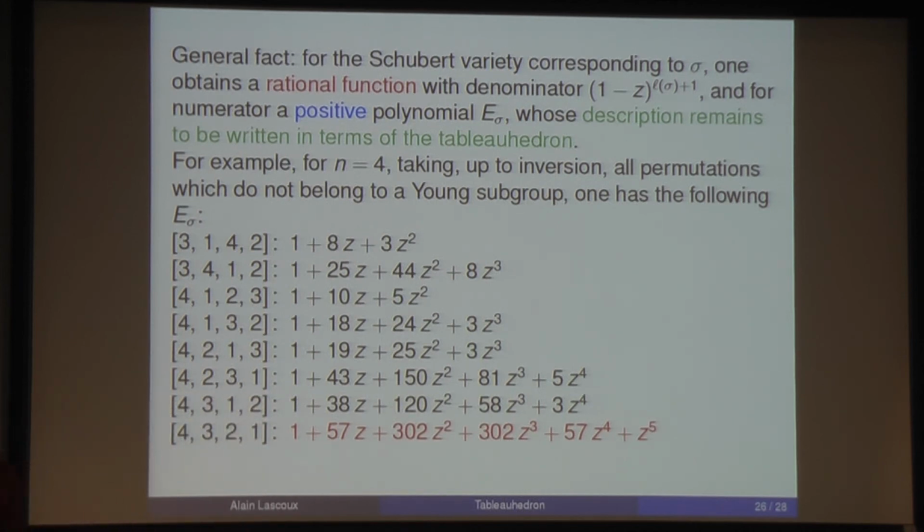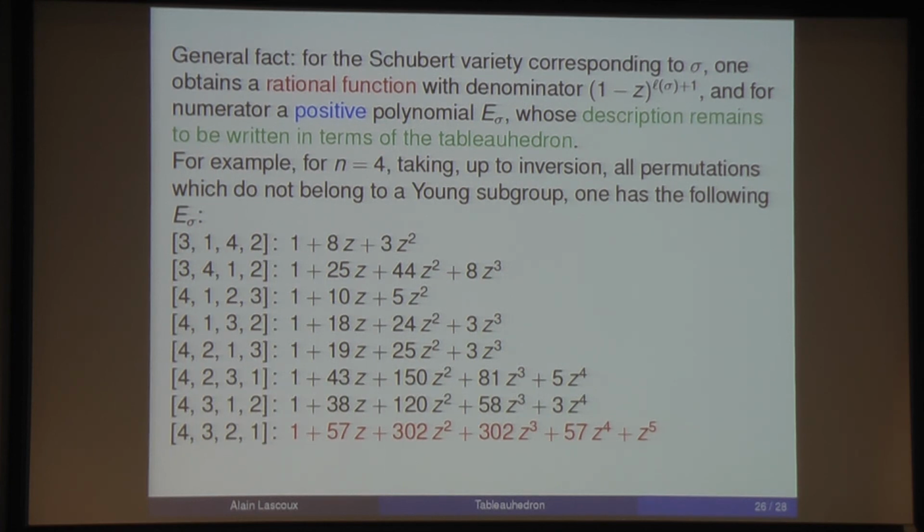It's a full list if you eliminate all the permutations which come from the Young group and up to symmetry, which is inversion of permutation. This is a full list. And many of you have noticed that there is a polynomial in red because this is the Eulerian polynomial.